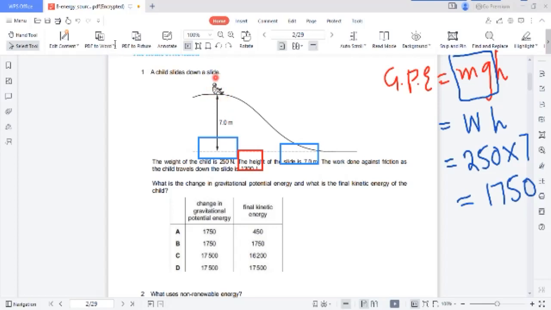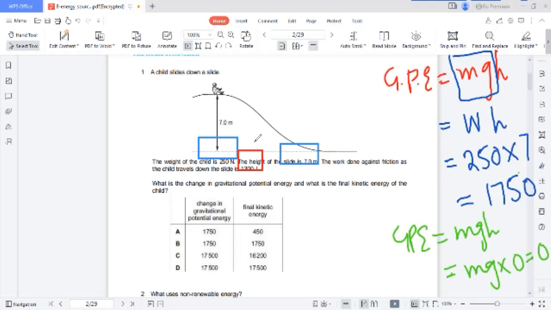The gravitational potential energy would be 1750 at this point. When the child comes here, at this point, its height is 0. When height is 0, then gravitational potential energy will be 0.